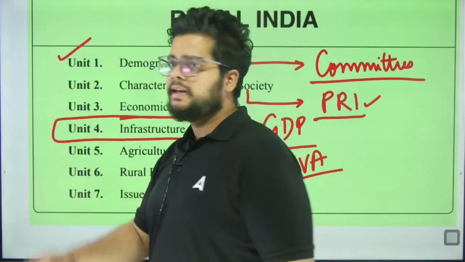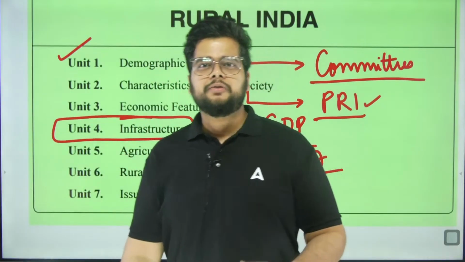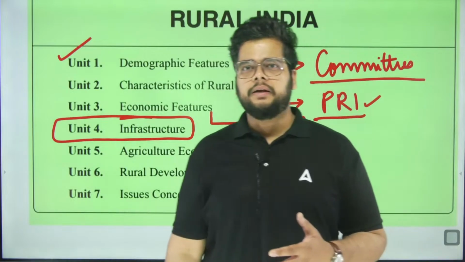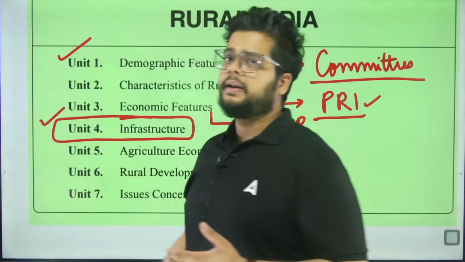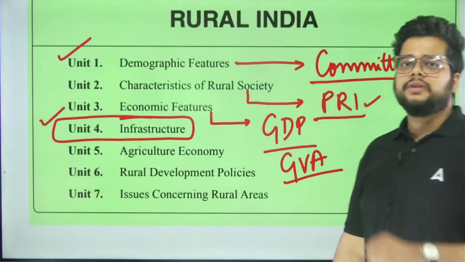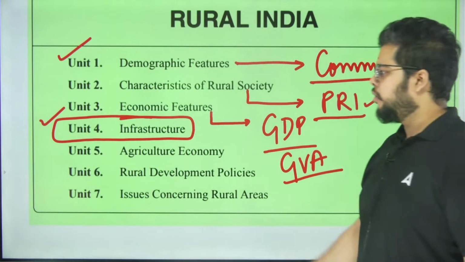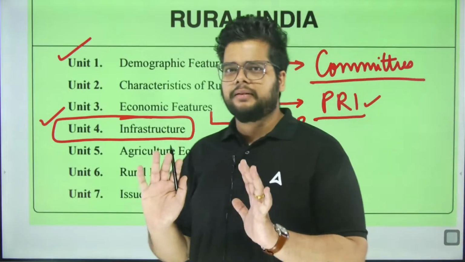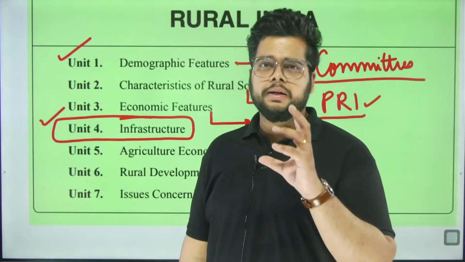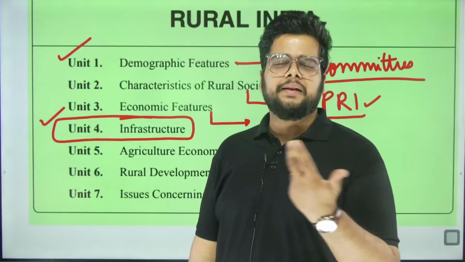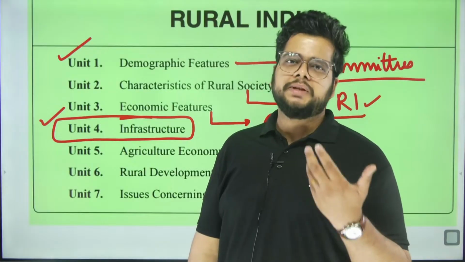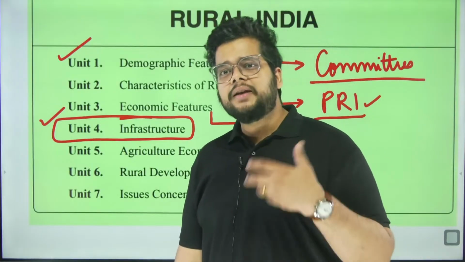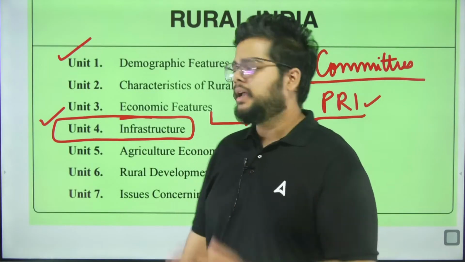Infrastructure: all those initiatives of the Government of India pertaining to rural infrastructure, be it the Sadak Yojana, the flagship scheme of the government, or for that matter the big projects which relate to agri credit. In all those, infrastructure-wise, you need to remember the data points. Various data will be there, like the launch year of a particular initiative, the objective of that initiative, and what funds are earmarked for that initiative.